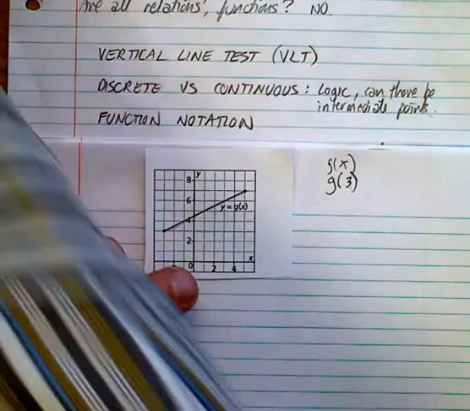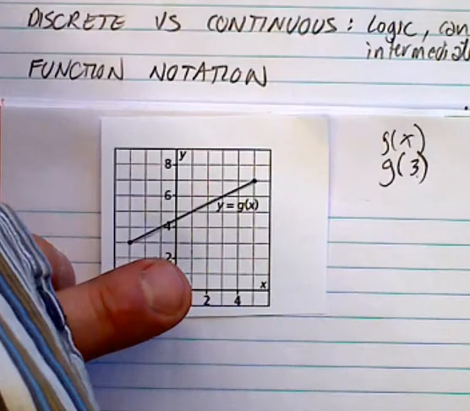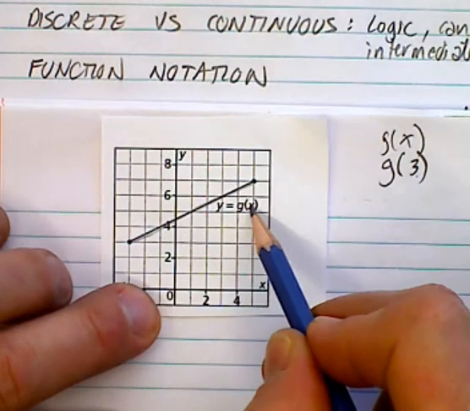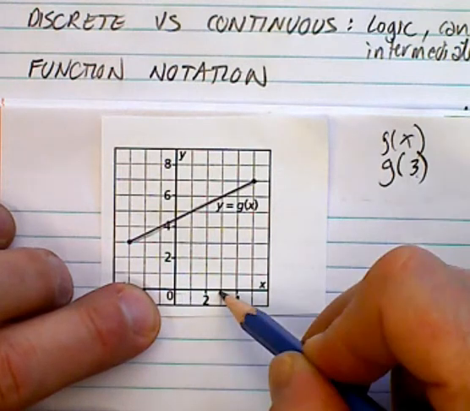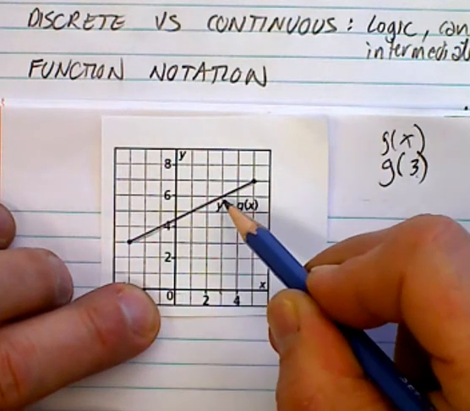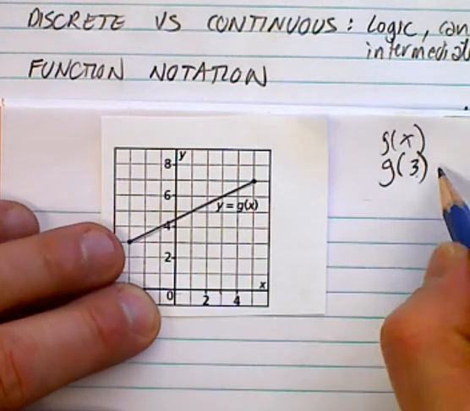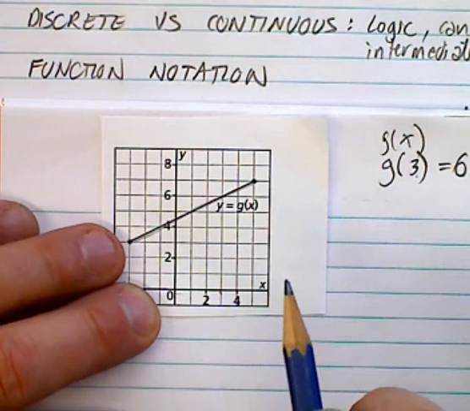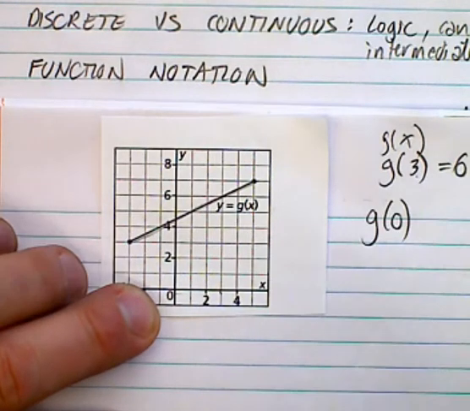Here, let me zoom in on this a little bit for you. Where is the g function when x is 3? You look along the x-axis to 3. Now you go up. Oh, look, the g function is at 6. The y value is 6. So it's 6. Now think about where's g of 0. See if you guys can find that. G of 0.